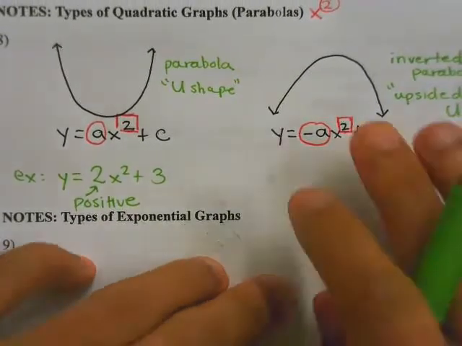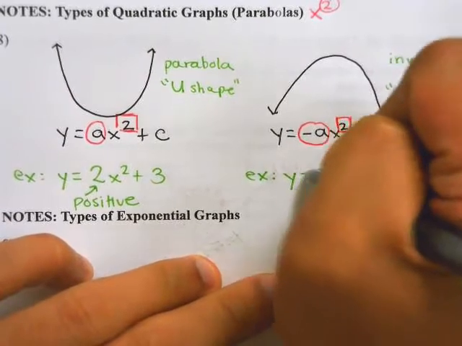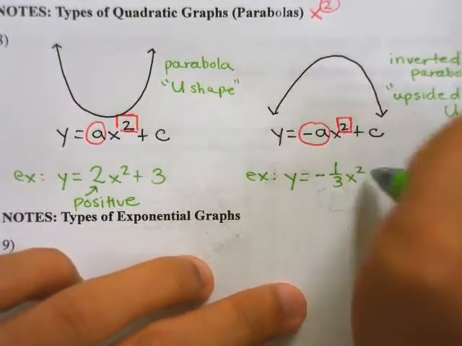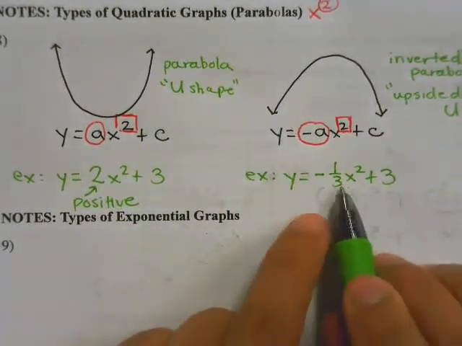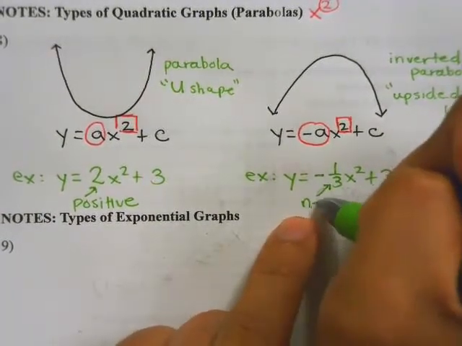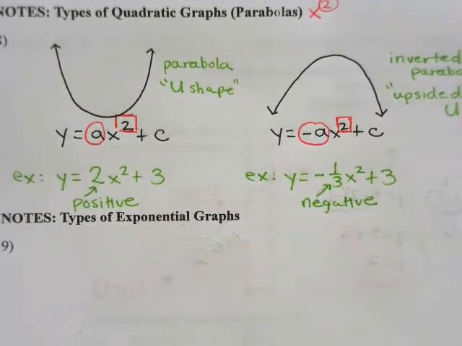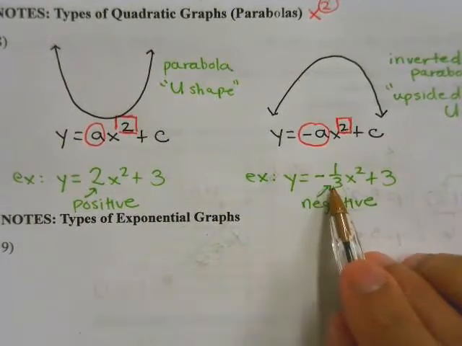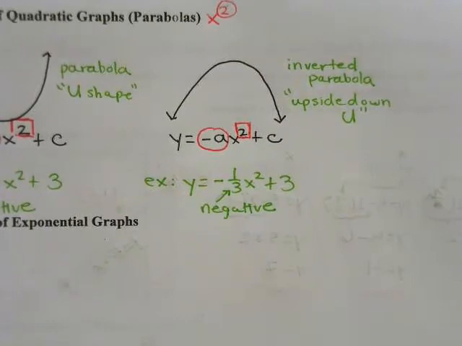As opposed to this type of example here, maybe we could have something like y is equal to negative 1/3 x squared plus 3. Take a look at what's in front of the x squared. Is it positive or negative? It is negative. Okay. So a negative value in front of the x squared is going to tell you that, hey, this parabola is going to be facing down.